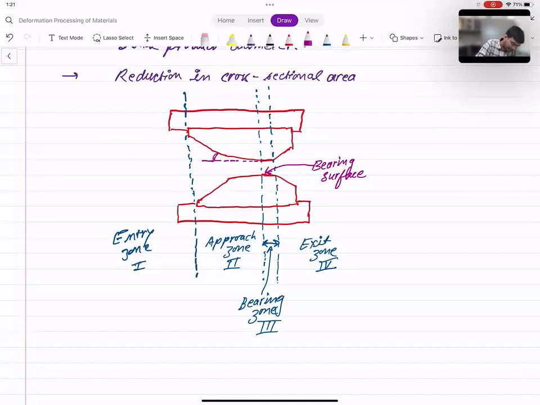This is known as the approach angle, or half of the die angle, because the die angle will be 2 alpha, alpha on the upper side and alpha on the lower side. Similarly, the angle on this side is known as the relief angle or clearance angle, beta.